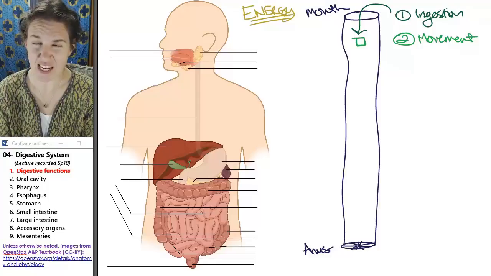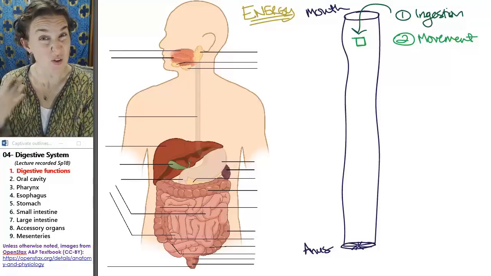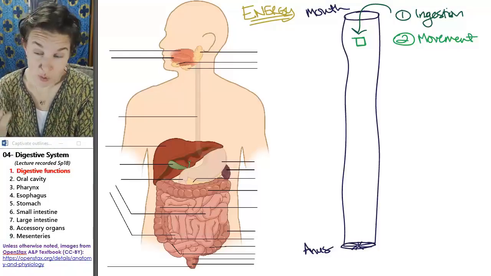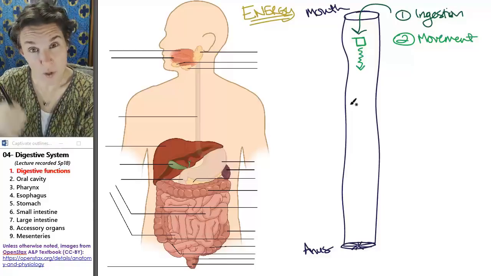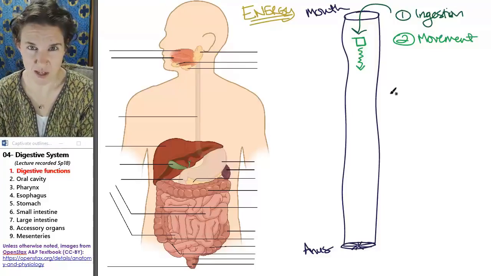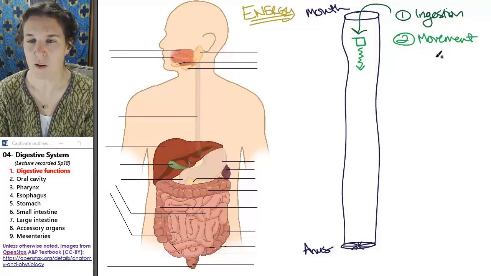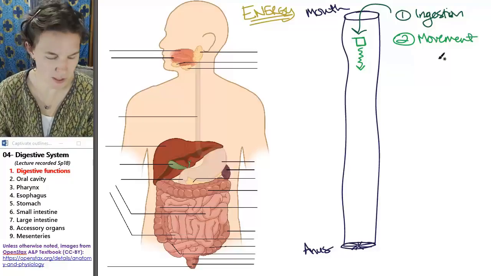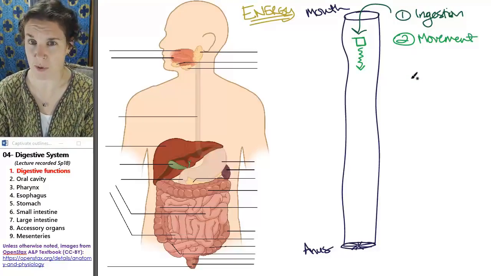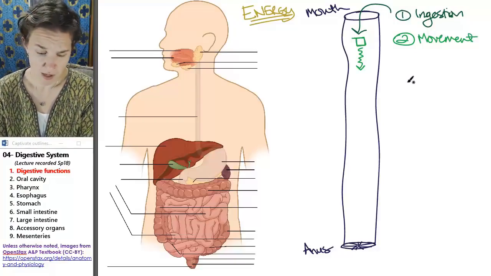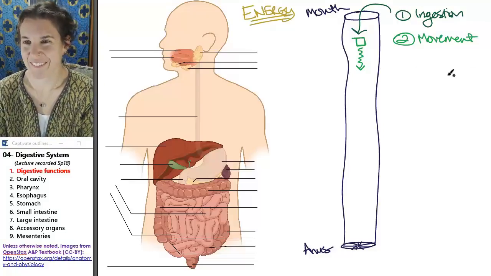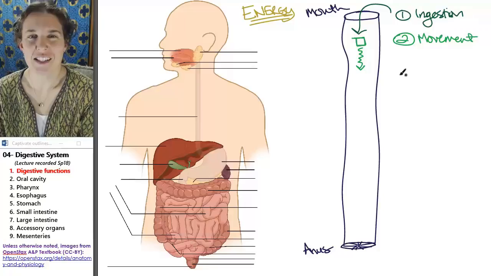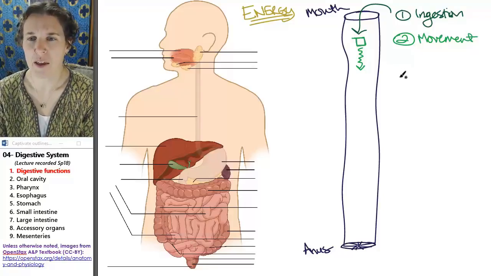If you don't take it out, it will move through and come out the other end. Don't think about that too much. All right. We're moving this food on through.